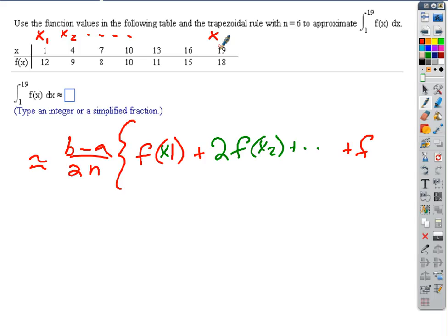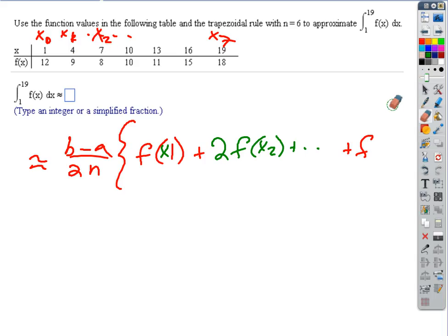1, 2, 3, 4, 5, 6. So that's x of 0 and x of 1, and that's x of 2, up to x of 6. Now we start with x of 0.